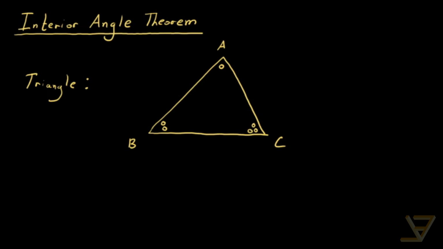Our technique is going to be to draw a line through A that is parallel to BC. And what we're going to do is put a dot here, let's say a vertex of some sort, call it D, and we're going to put another one on this side and call it E. And now we're going to use what's called alternate interior angles.